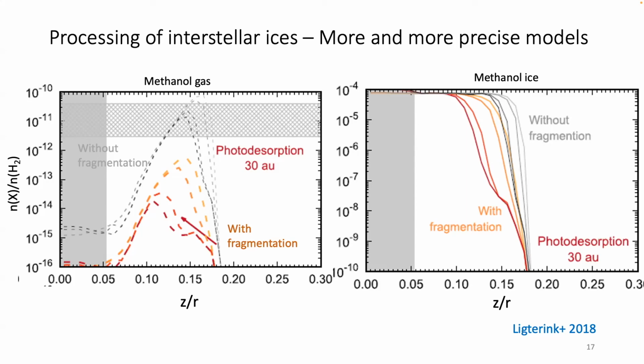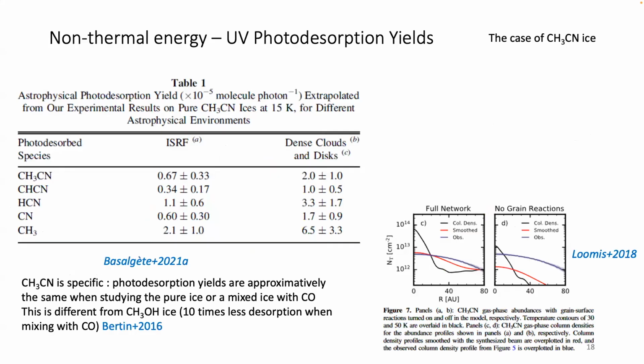And you see really changes in the abundance that are obtained, either in the gas phase or in the ice. So it's really important to take into account as accurately as possible all the processes, including dissociation.